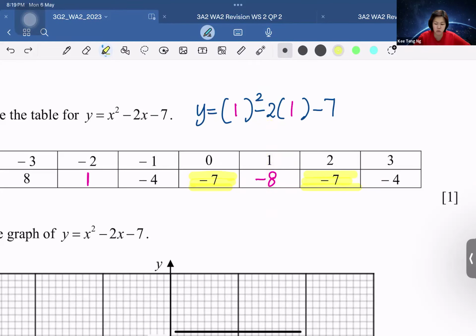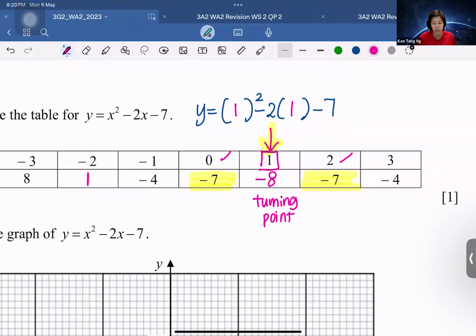So what is going to be my x value for the line of symmetry? My x will be in the middle of 0 and 2. In between 0 and 2, the answer is 1, right? So this will give me the line of symmetry, x equals 1. So this one will be my turning point.